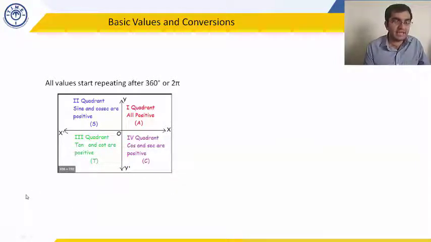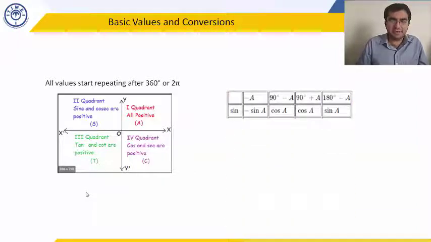Example, sine 390 is equal to sine 360 plus 30 is equal to sine 30. Okay, so that's just an example, and we'll look at another example.